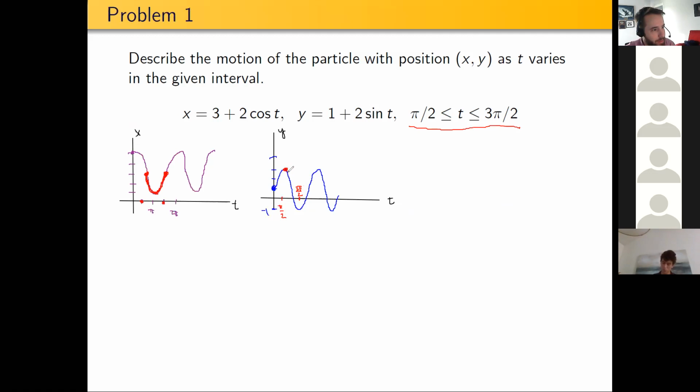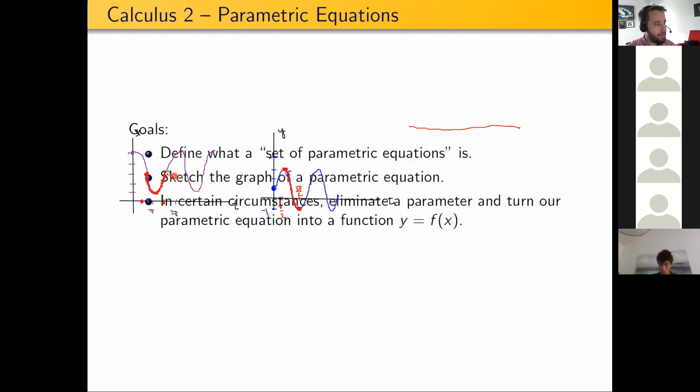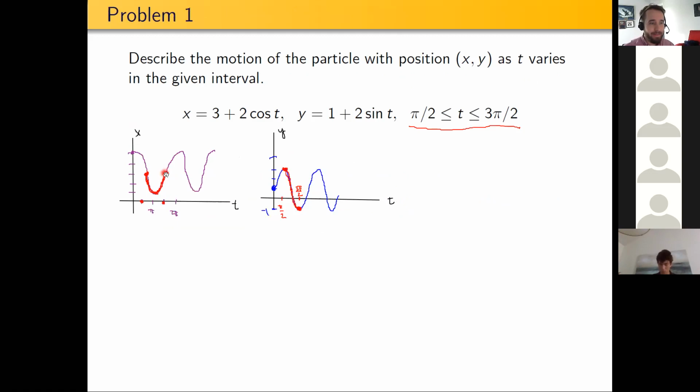So our restricted domain is this piece right here. As far as individual equations go, we can graph both of these without too much difficulty. This is really just a transformation of our cosine function and a transformation of our sine function, and I'm explicitly pointing out the restricted domain.